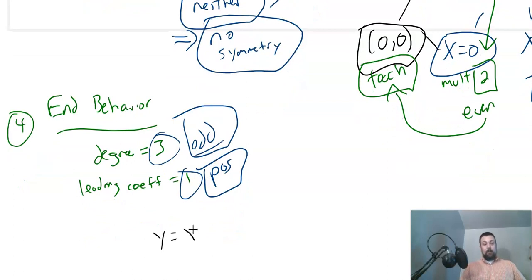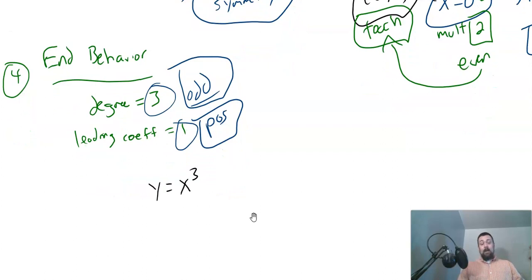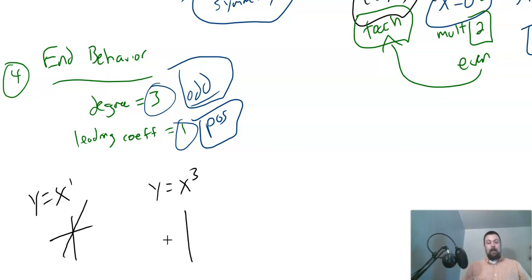And the simplest example, this actually isn't the simplest one, but I just like to use this one. The simplest one is really y equals x to the first power. That's also an odd degree. And that one you should know. It's just a straight line that does this. But because it's a straight line, I don't like it. It's just not interesting enough. And so I prefer x to the third power. But it's the same end behavior for both of them, right?